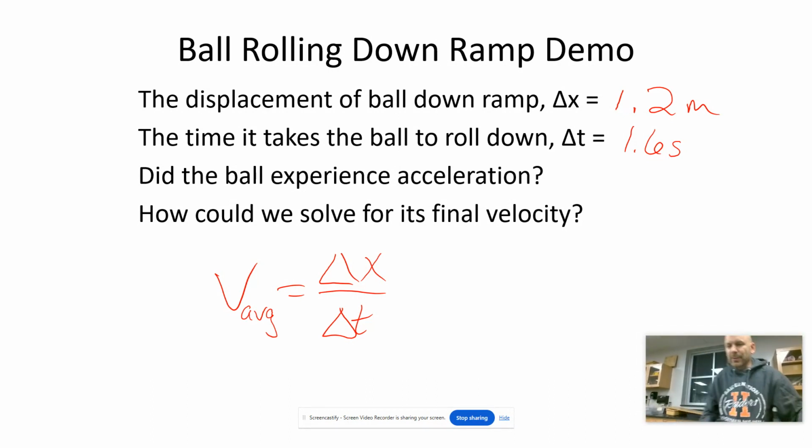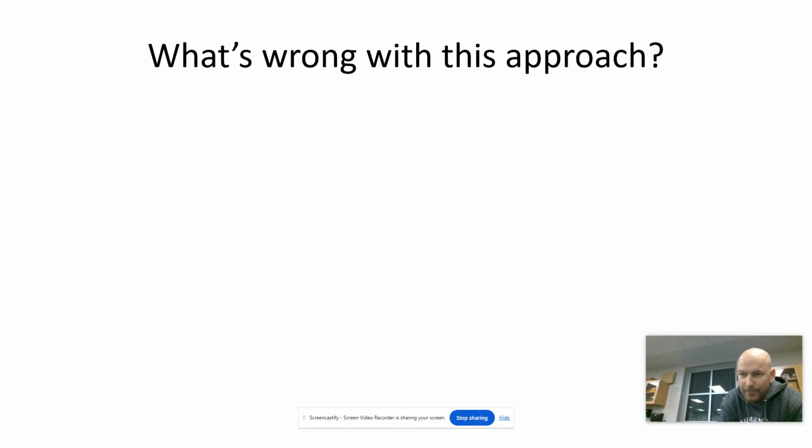So as this was going, it's going to give me my average velocity. Well, this started at rest here, and now it's moving here, and it's speeding up the entire time. What it's going to give me is your average velocity during that whole period of time. And so I don't know exactly how fast it's going at the end, and that's the problem with that. So this breaks down.